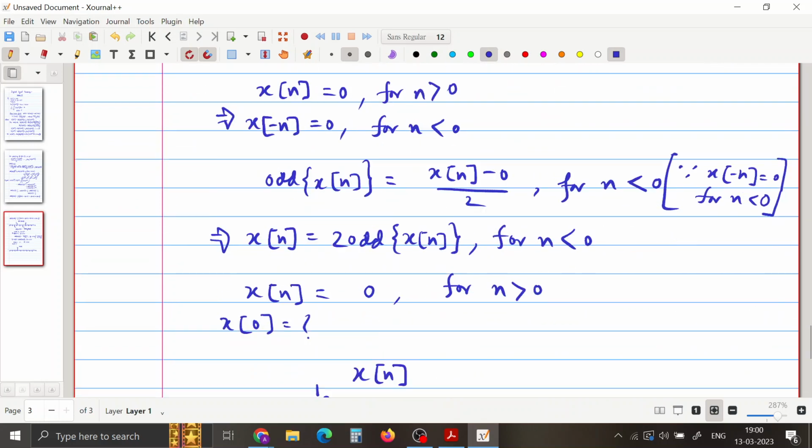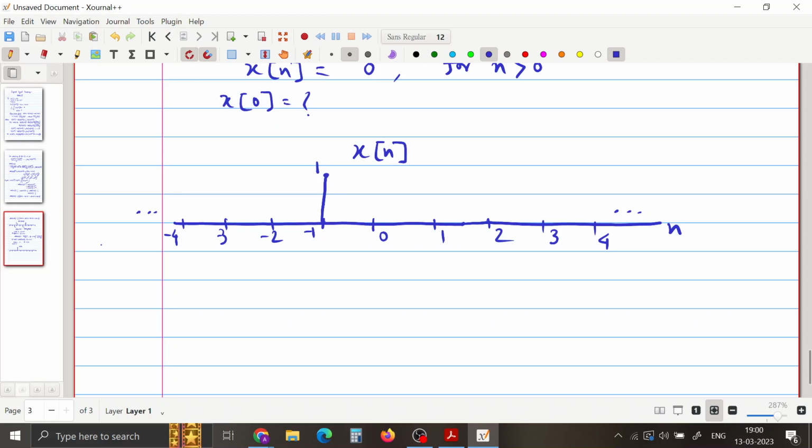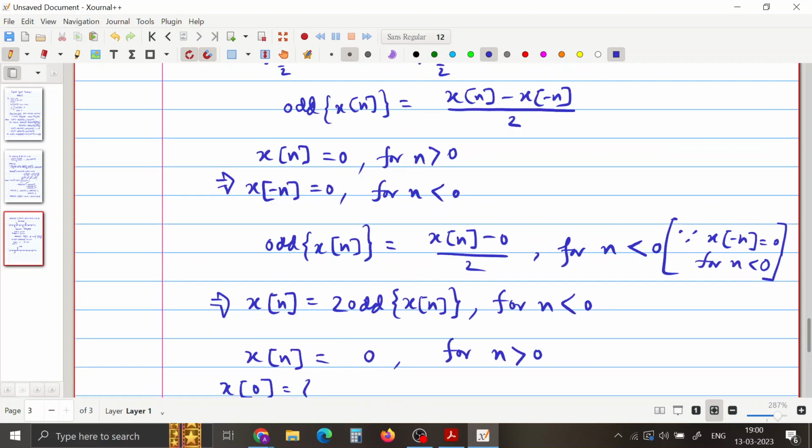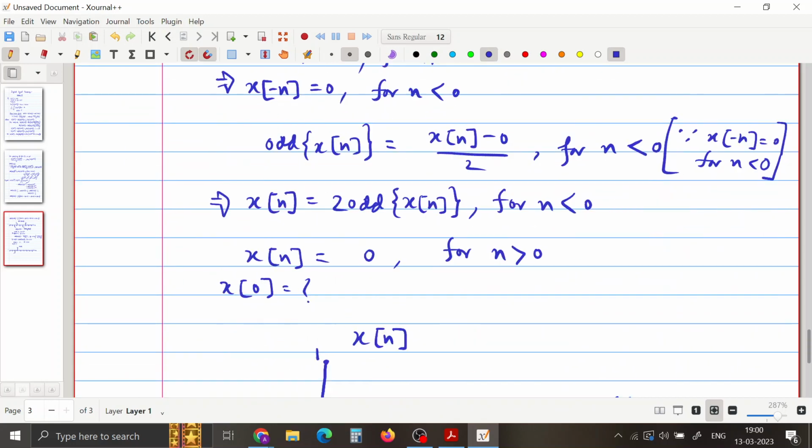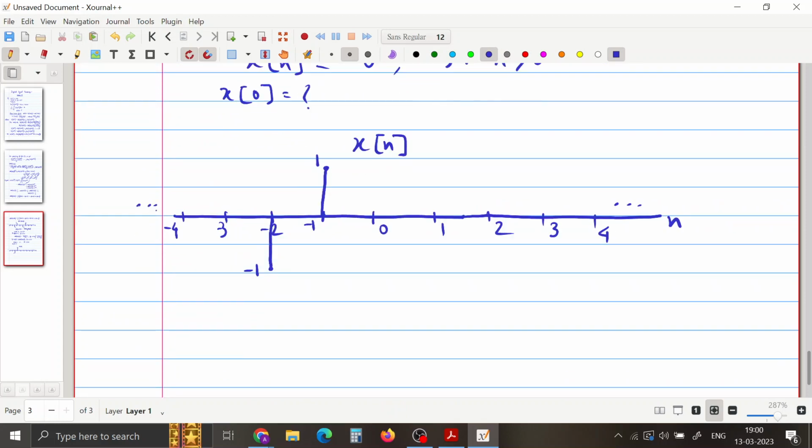Twice of it is minus 1. It's just scaled by 2 times. So this will be minus 1. And that's it. For minus 3 onwards it's just 0. So 2 times 0 is again 0. We don't need to bother about that.